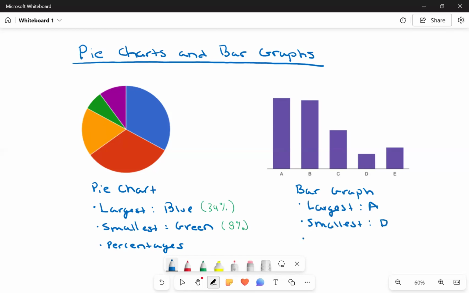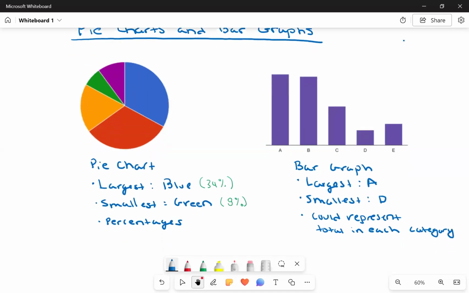Now this could represent the total in each category, which in this case could be like 100 or 50. But it also could do percentages.